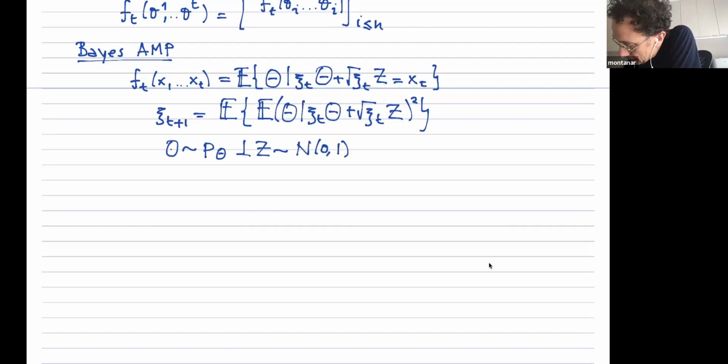Once I iterate this, the Bayes AMP algorithm estimates any vertex as just the function.